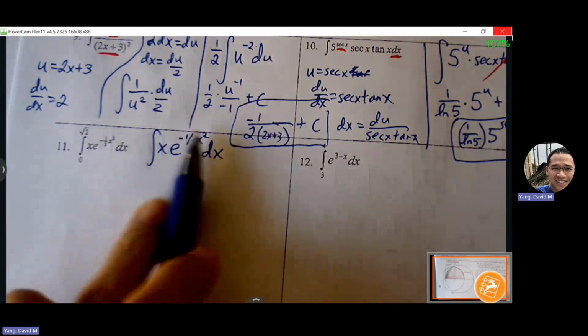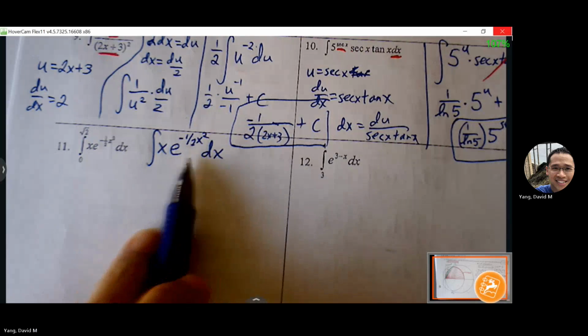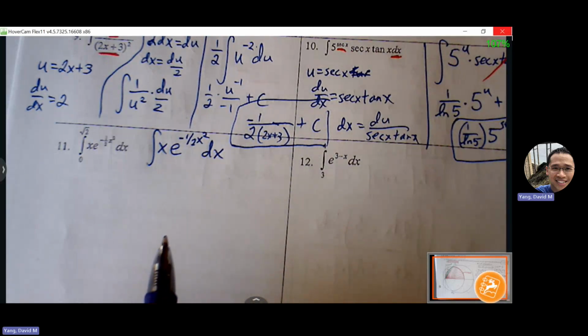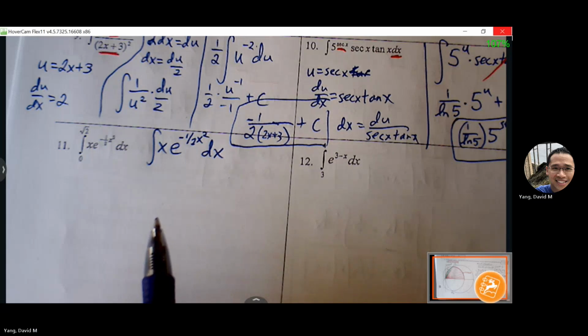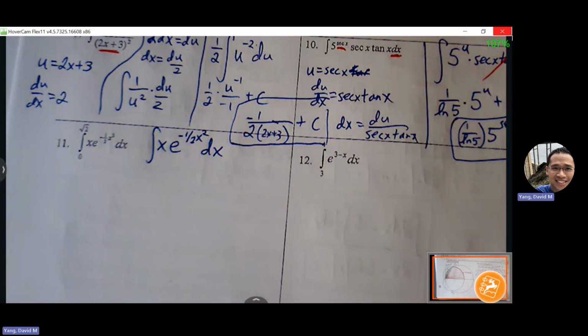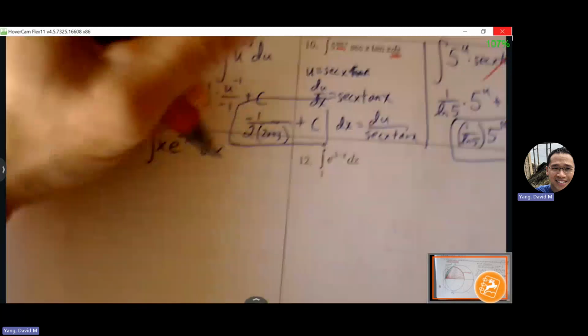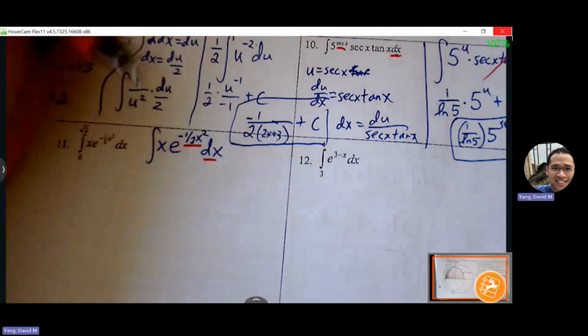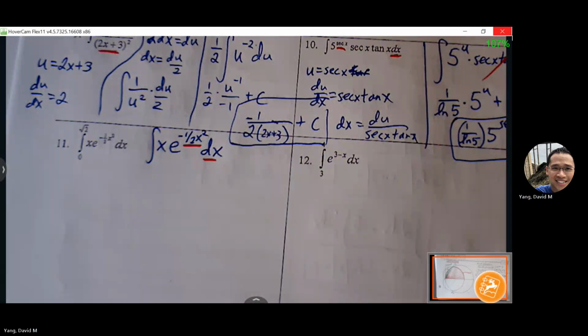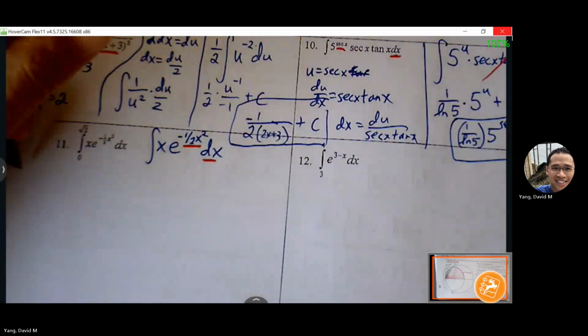So if this is your problem here, it's too messy for one rule to handle, so we have to look at u substitution. What could be our u value? Yeah, so if we do that, then we kind of see the connection with e to the u, right? We work towards that e to the u rule. And that exponent should handle that x pretty well.